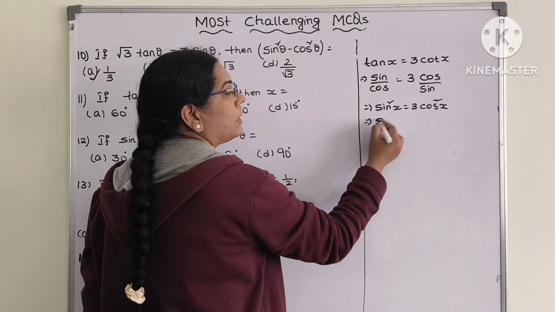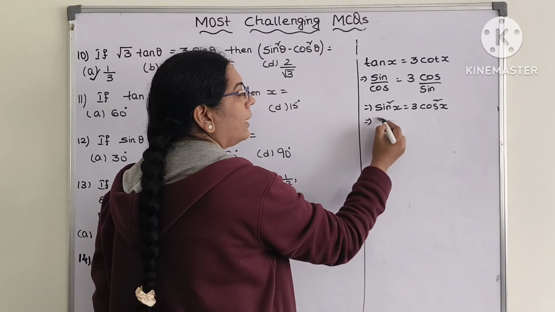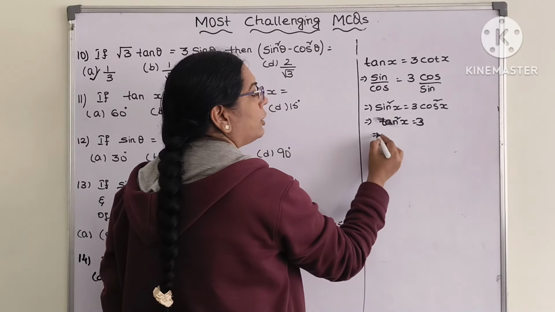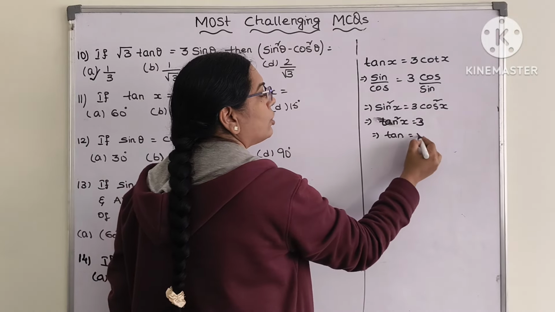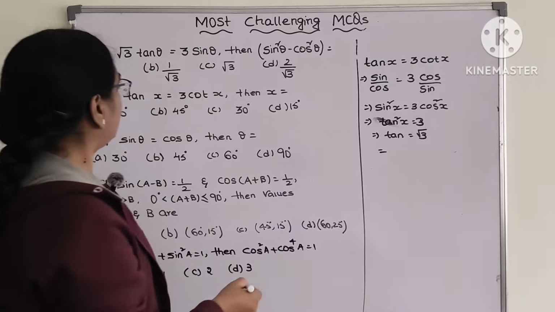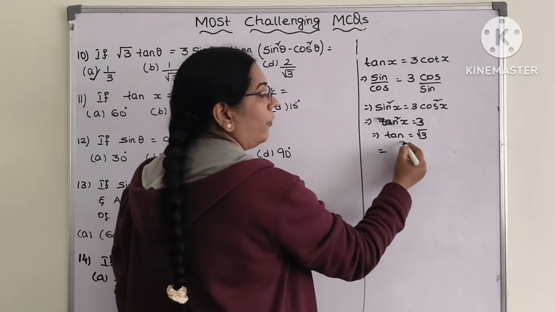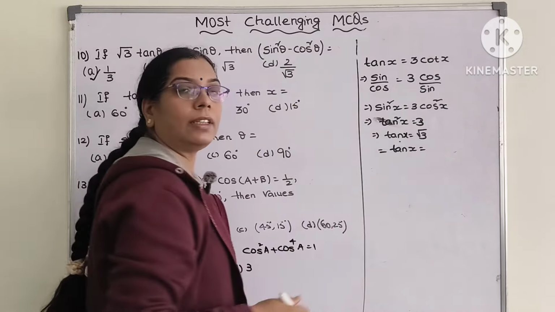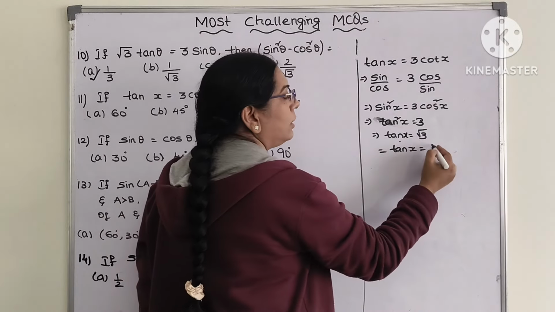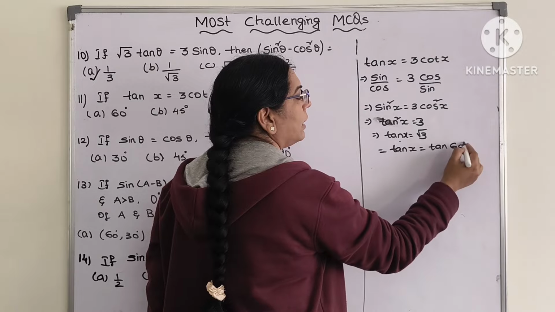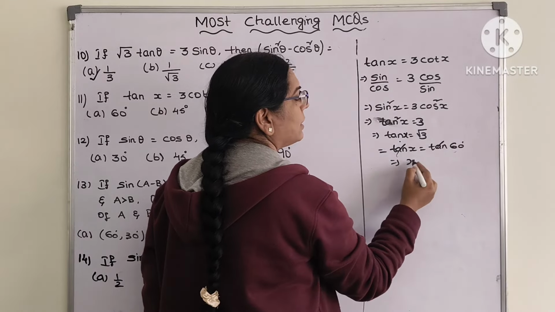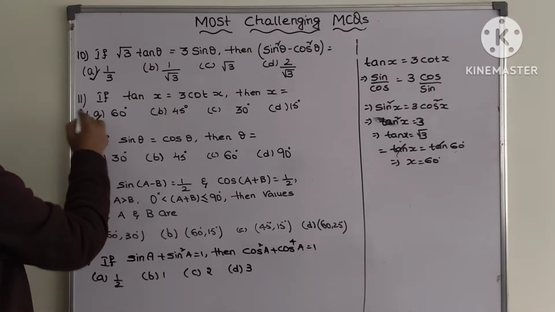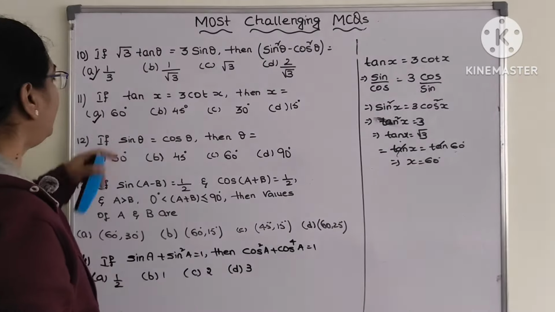So sin square x by cos square x will be tan square x. So tan square x is 3, which means tan x is equal to root 3. What is it that they asked? Tan x. Under the trigonometrical table, root 3 comes for tan 60 degrees. So x is 60 degrees. Correct option is option A, 60 degrees.